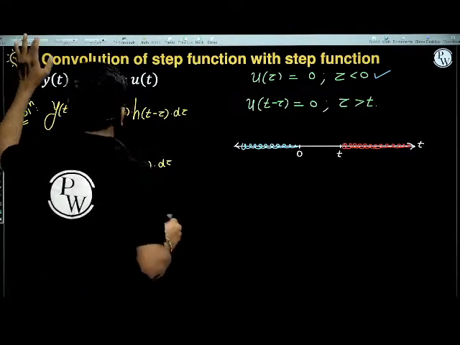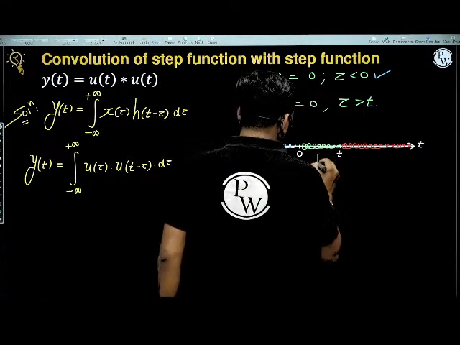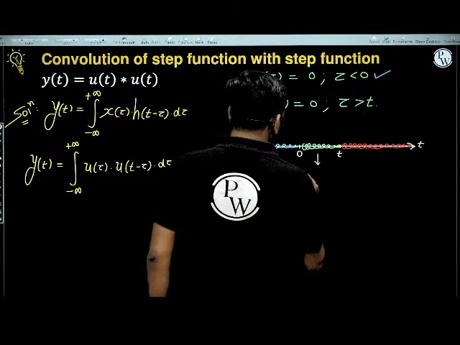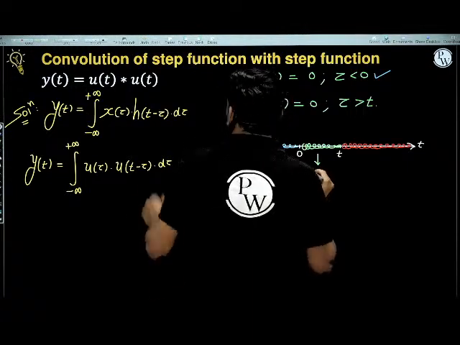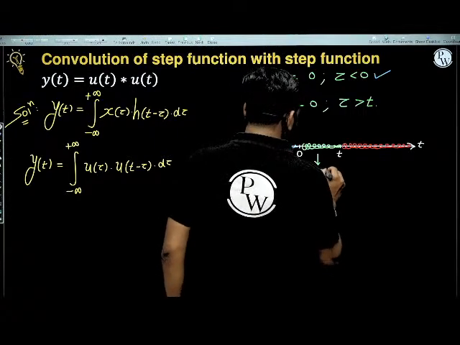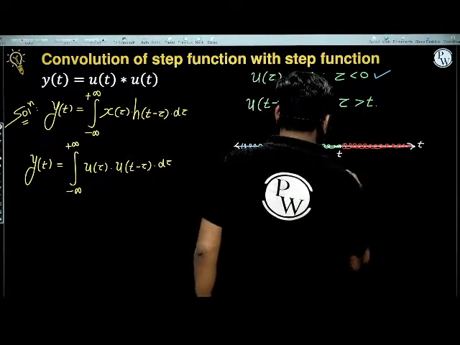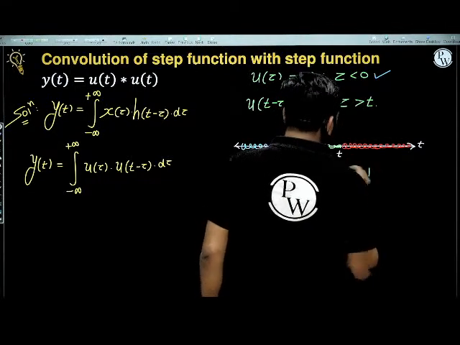So the non-zero value is between 0 and t. u of tau into u of t minus tau is equal to 1, guys.